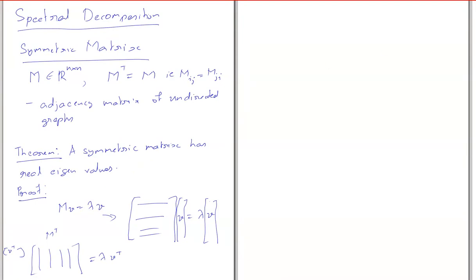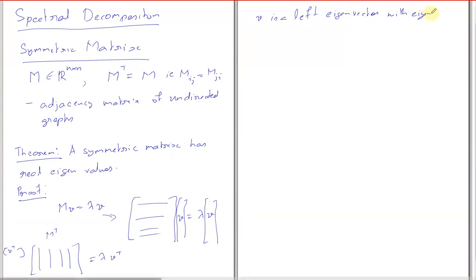Is that clear, Vivek? Yes, sir. So we'll get V transpose as a pre-multiplication, because we are multiplying the columns. So V is a left eigenvector with eigenvalue lambda.